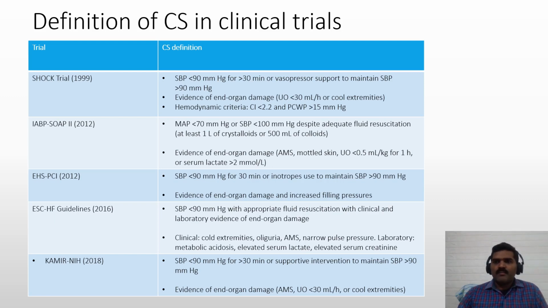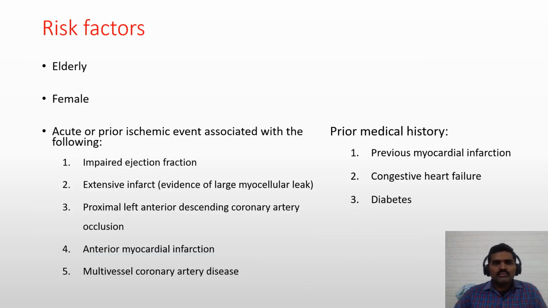So there is a list of risk factors which you need to know in cardiogenic shock. Apart from the risk factors that can cause myocardial infarction, there are certain other risk factors which can lead directly to cardiogenic shock. As I told earlier, people greater than 75 years are prone, and female gender is prone for cardiogenic shock.